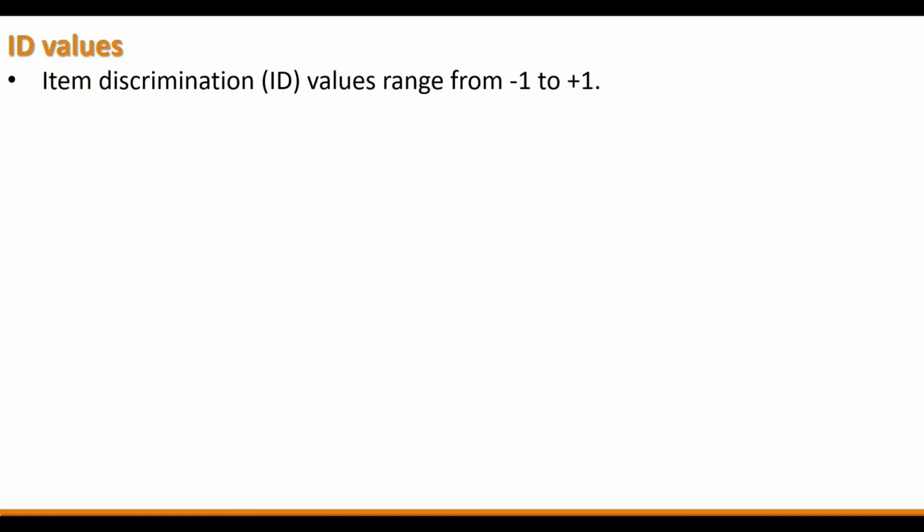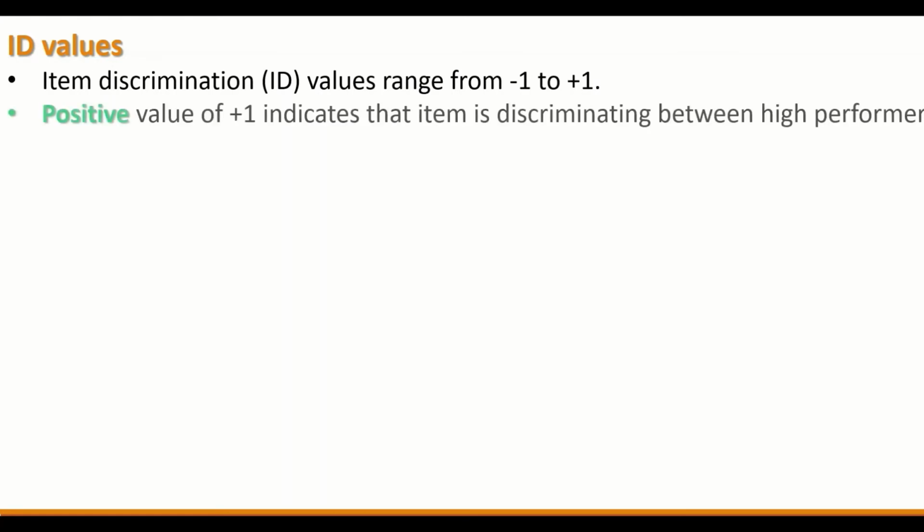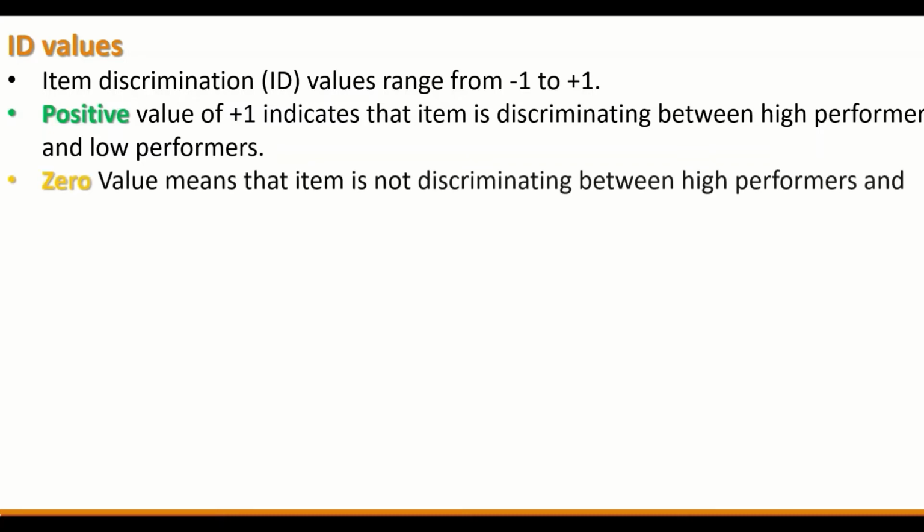Now, the item discrimination values range from -1 to +1 based on Kelly's equation. The outcome of the calculation has a range of -1 to +1. A positive value indicates that the item is discriminating between high performers and low performers, and +1 indicates a perfectly discriminating item.